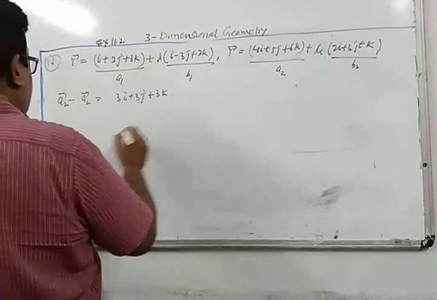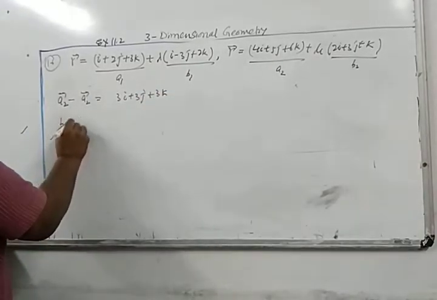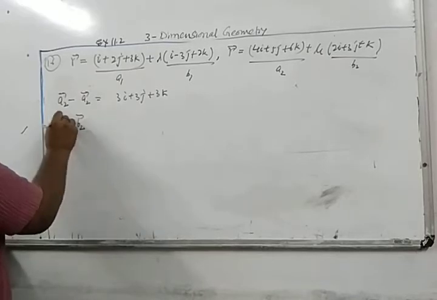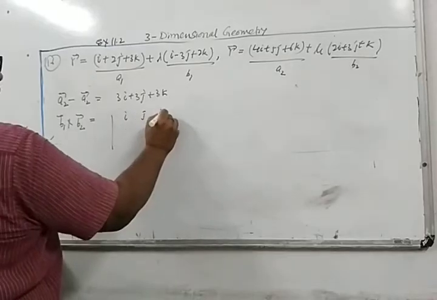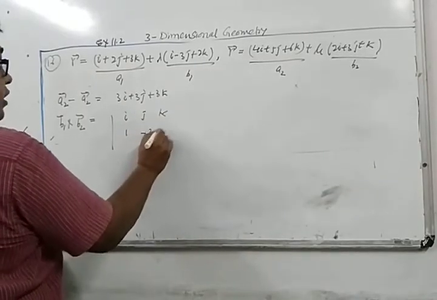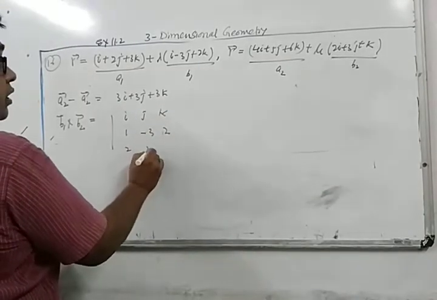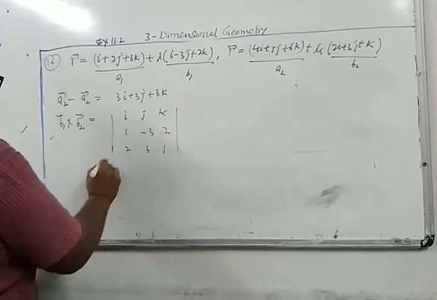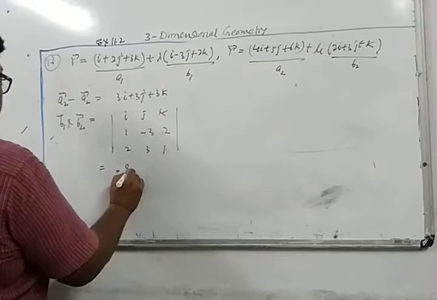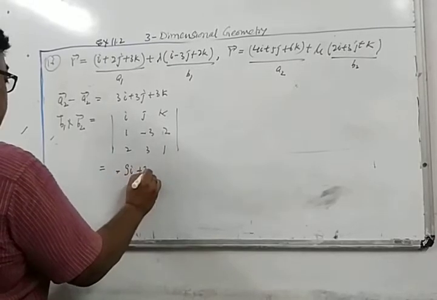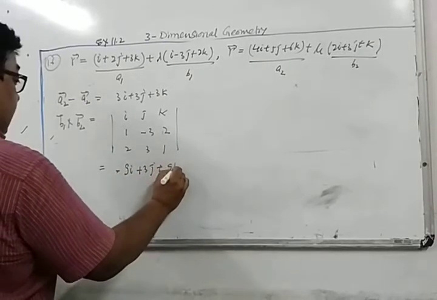Then we will find B1 cross B2, which is the determinant of i, j, k, 1, minus 3, 2, 2, 3, 1. After calculation we have the value minus 9i plus 3j plus 9k.